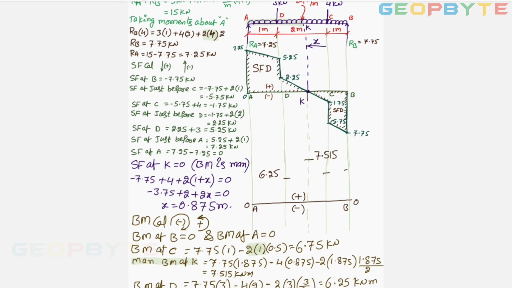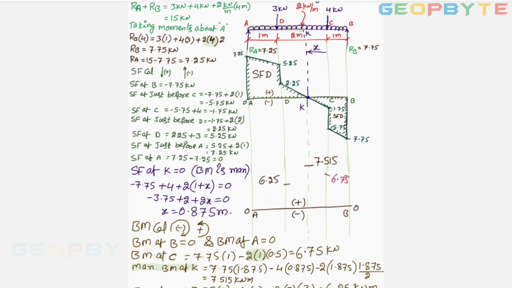Instead of marking this line, you try to mark somewhere here. This may be 6.75. Now start from B, go for the value, parabolic variation, like that. I hope you understood. This is the BM diagram with parabolic variation.